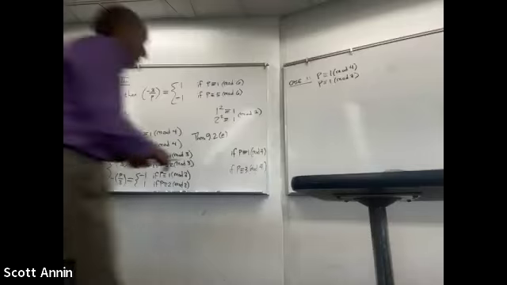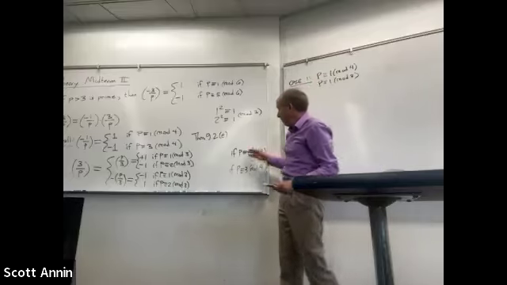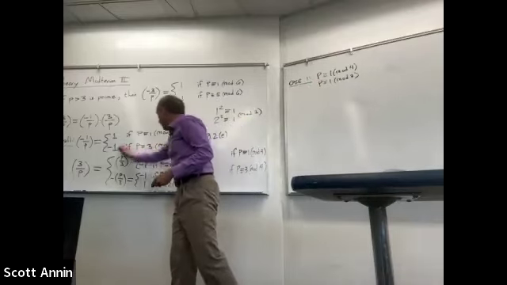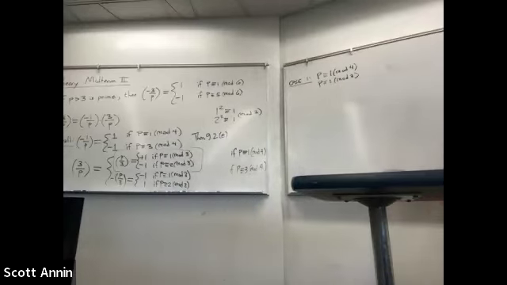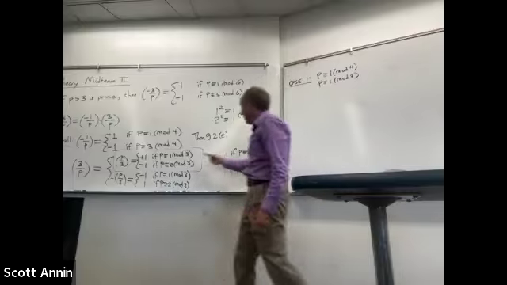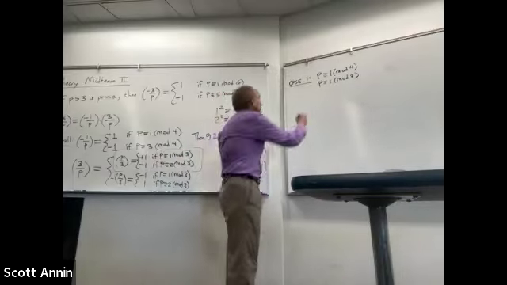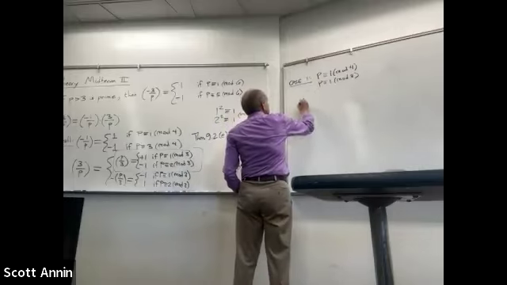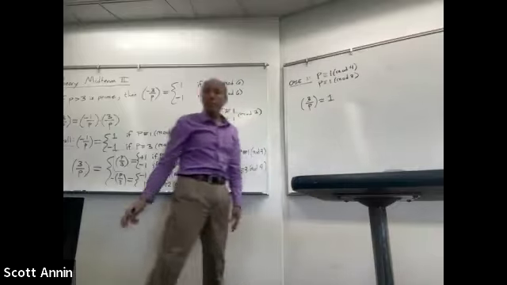If P is congruent to 1 in mod 4, then I'm in this part of my diagram. And if P is congruent to 1 in mod 3, then I'm supposed to get a +1. So in this case, the Legendre symbol of 3 with respect to P is +1.